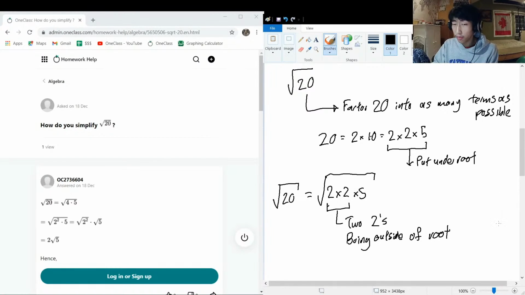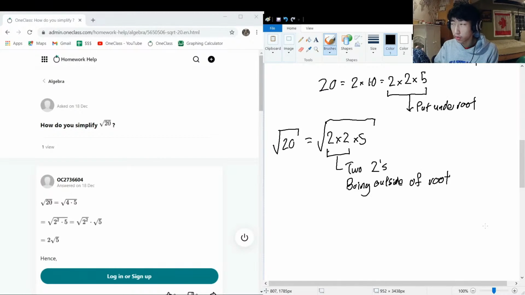Now what we really mean by bringing this outside of the root is that because we have a square root, anything that's multiplied by itself, when it leaves the root, just becomes itself. So when it's brought out of the root, it will become 2 times root 5. Well, that kind of looks like a 6. Let me draw it as a 5.